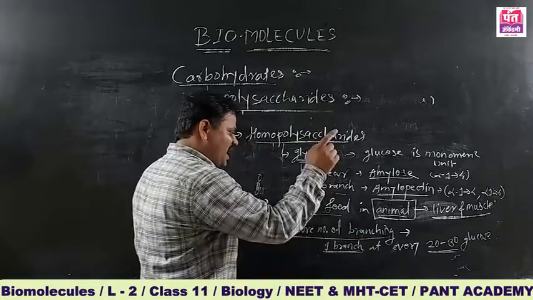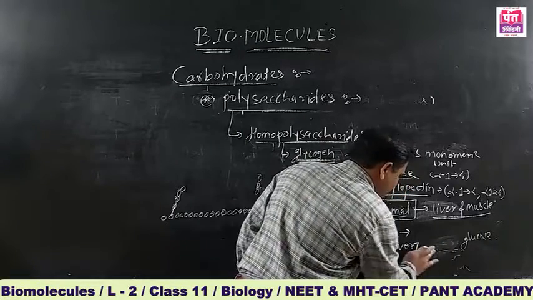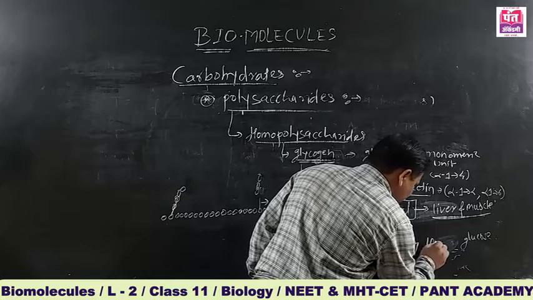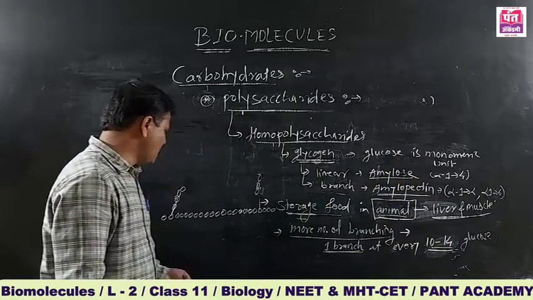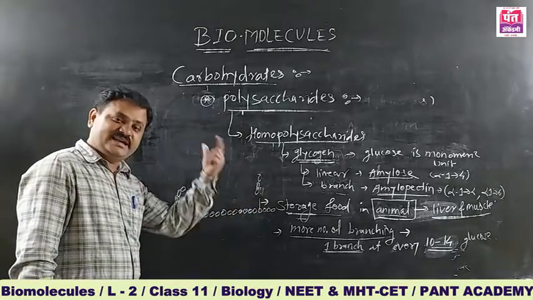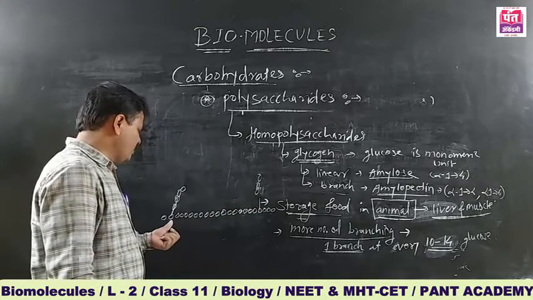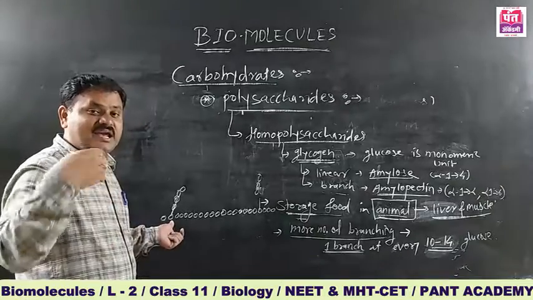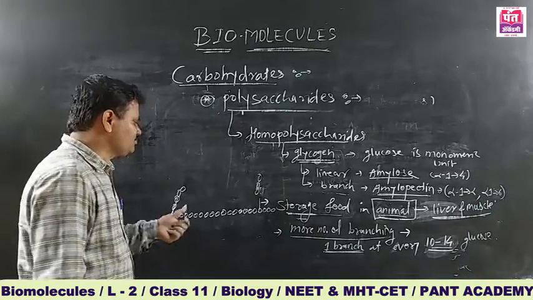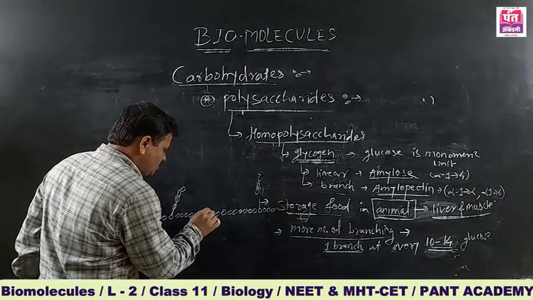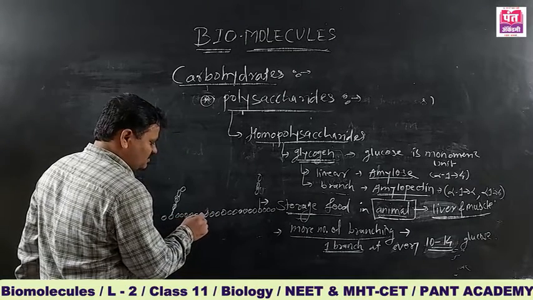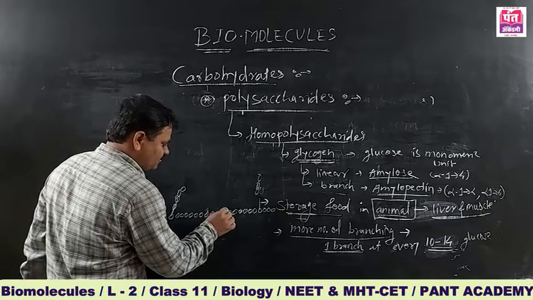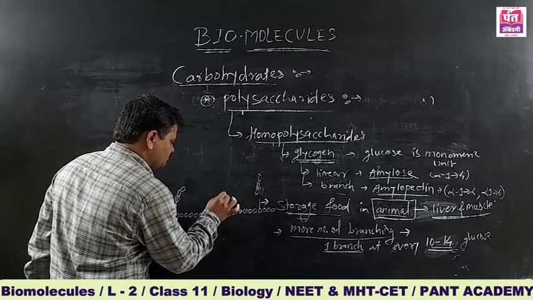One branch at every, remember, 10 to 14 glucose molecules. So in case of starch we have a branch at every 20 glucose molecules, but here it can be fewer, 1 2 3 4 5 6 7 8 9 10. It may be at 10.